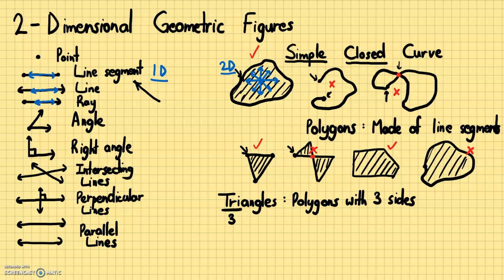So I've drawn a triangle up here. This is a kind of triangle. It has 3 sides, 1, 2, and 3. You can also draw other types of triangles like this. It's a triangle. 1, 2, 3 sides. This is also a triangle. 1, 2, 3 sides. So by triangles we mean polygons with 3 sides.